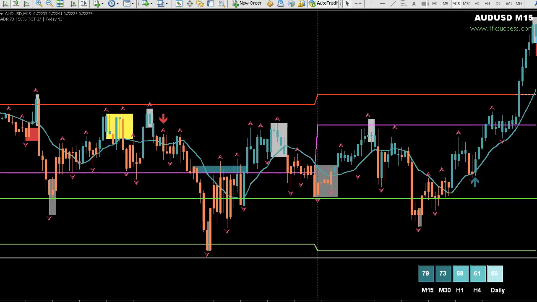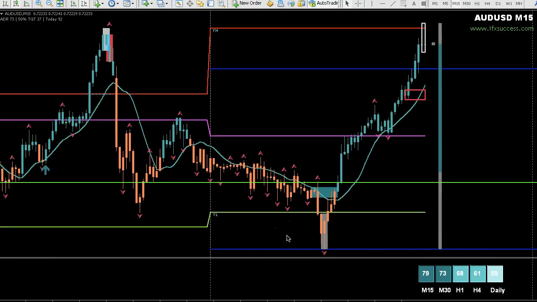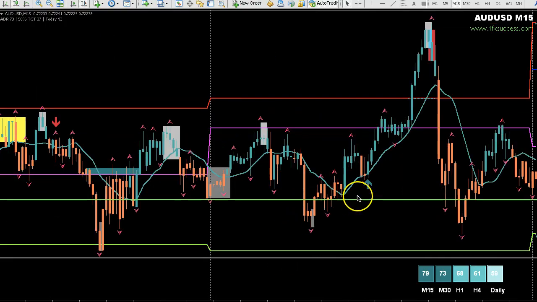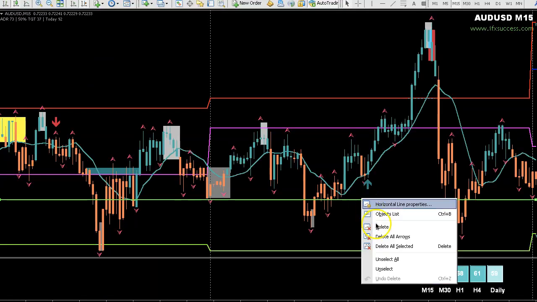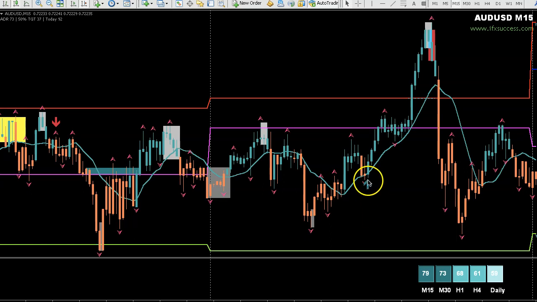So how does this work? Very, very simple. So if you see this arrow right over here, this is a green arrow, meaning that this is a retest from here, from this block.